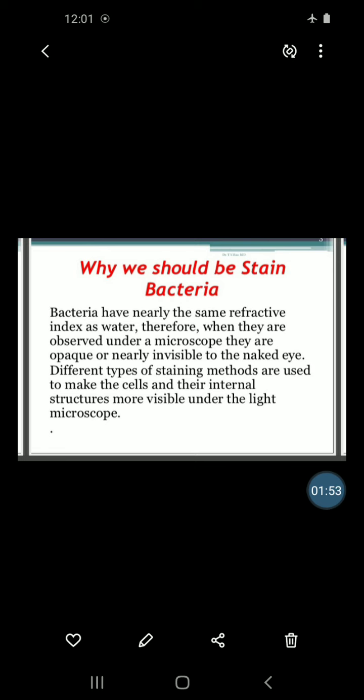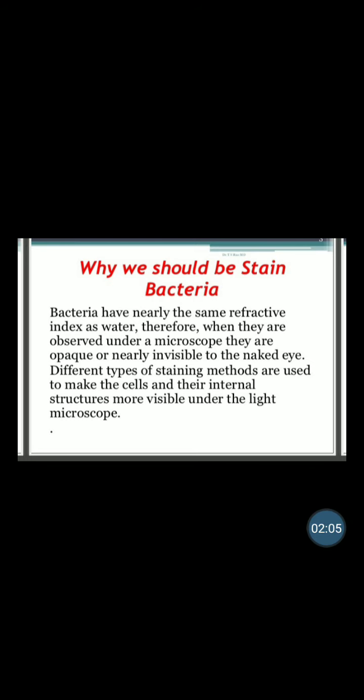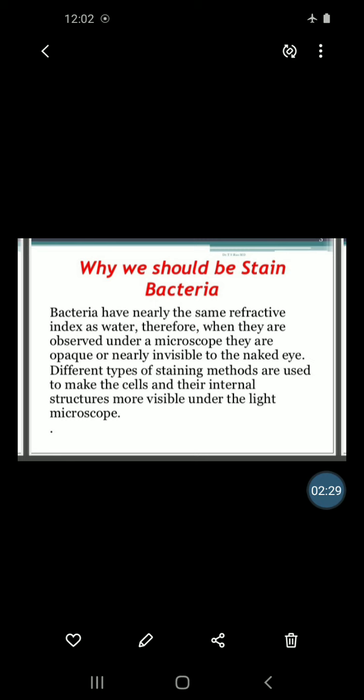Bacteria have nearly the same refractive index as that of water, therefore when they are observed under the microscope they are opaque or nearly invisible to the naked eye. Different staining methods are used to make the cell and its internal structure more visible under the light microscope.